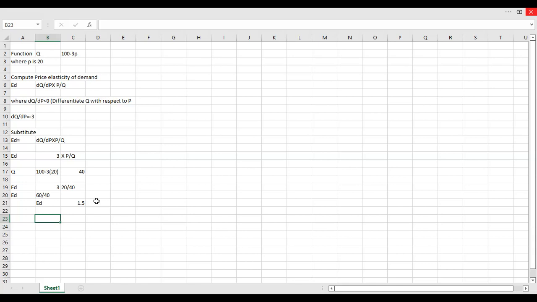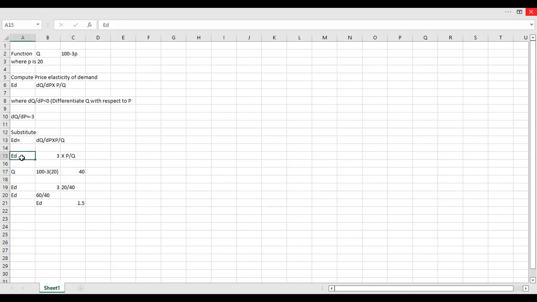By substitution, dq divided by dp multiplied by p over q, dq over dp is given to be minus 3, where p is given to be 20. To determine q, using the demand function, quantity is equal to 100 minus 3p. By substituting p equal to 20 into this function, we got our quantity to be 40.